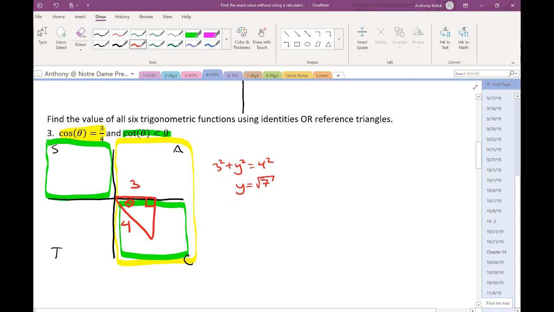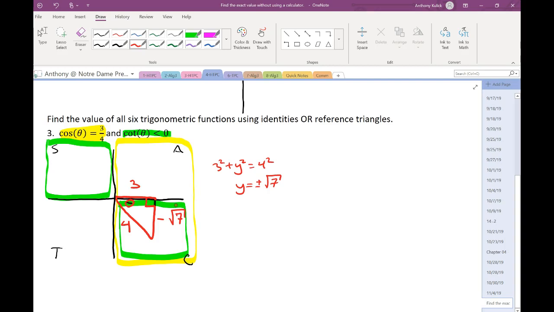When I do that, I get plus or minus the square root of 7. Because I've drawn this triangle in the fourth quadrant, the vertical part of this triangle should be negative. Everybody okay there?